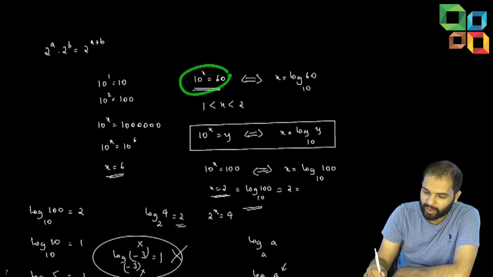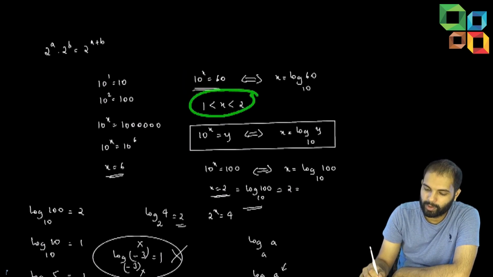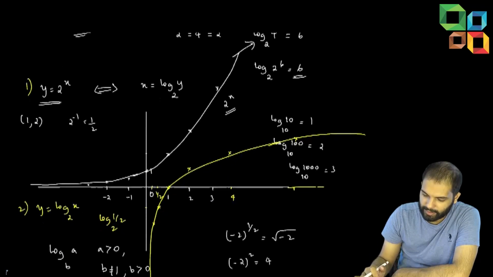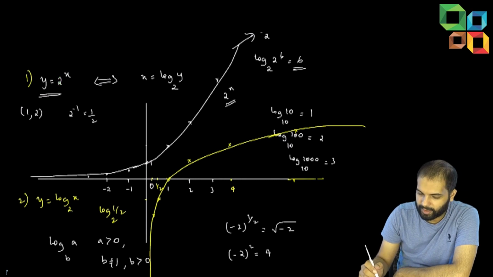We were just trying to figure out it's a number between 1 and 2 for now. Similarly, if 2 power x is equal to 3 or something, we're trying to figure that out. Similarly for log, there are numbers in between.